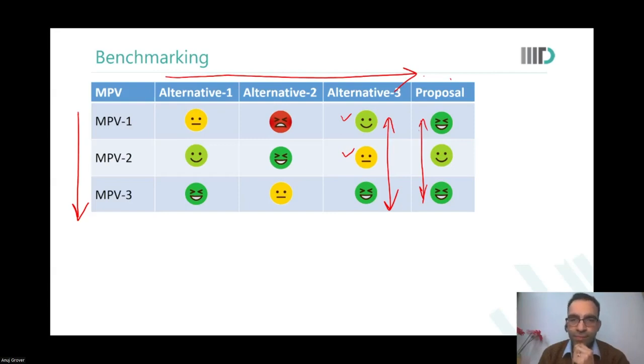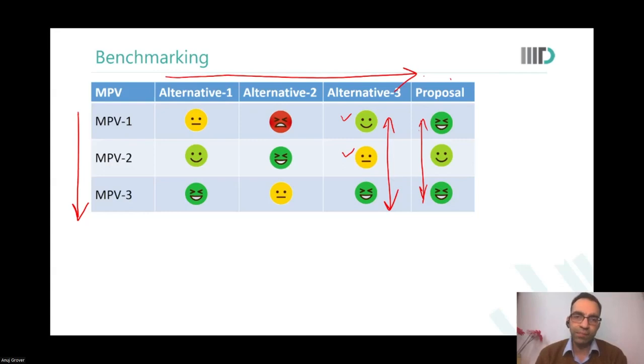Yes, sir. Now, if you are in a company trying to solve a problem in a production line, then adapting or improving alternative 3 so that it meets the requirements of your proposal works absolutely fine, because alternative 3 is already existing within your company.